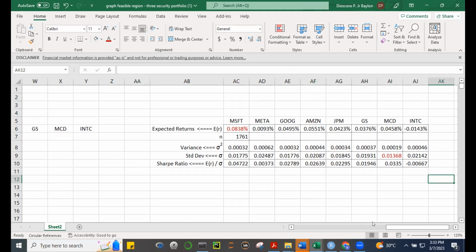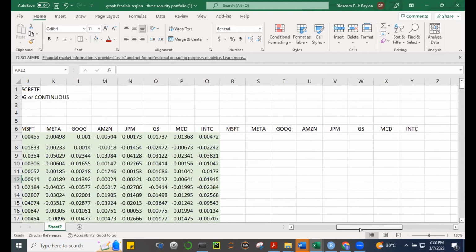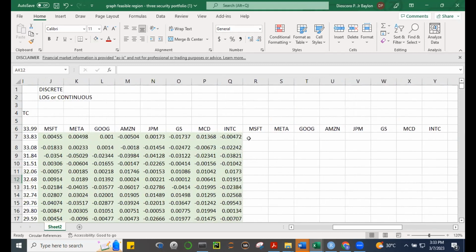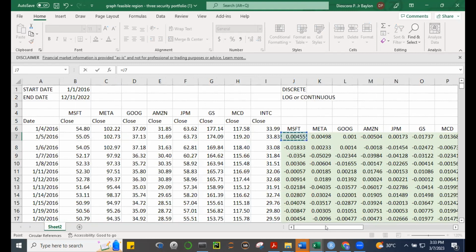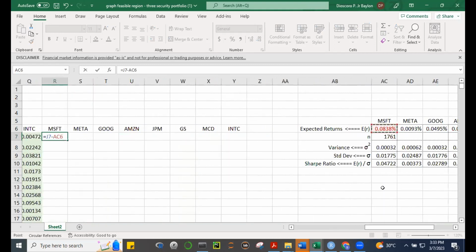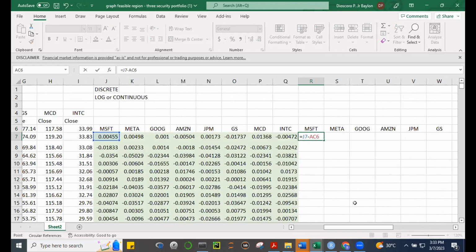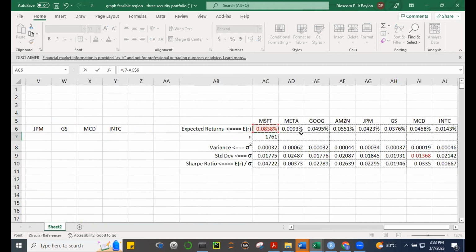Okay, so before that, let's compute first for the excess returns. The excess returns is simply equal to the returns of Microsoft, and then we net it minus the average return there. Since we're going to copy the formula, we will just fix the row 6, so that it will not move away from row 6.